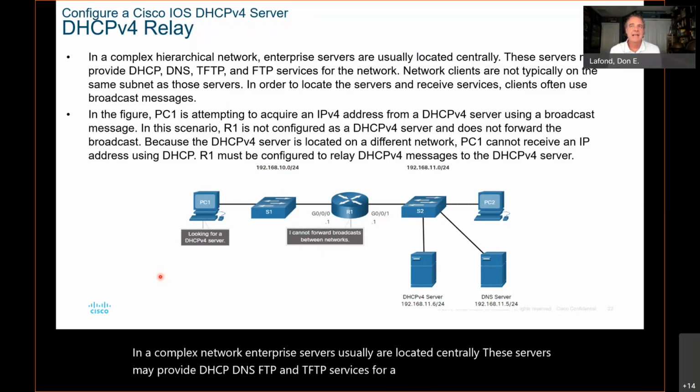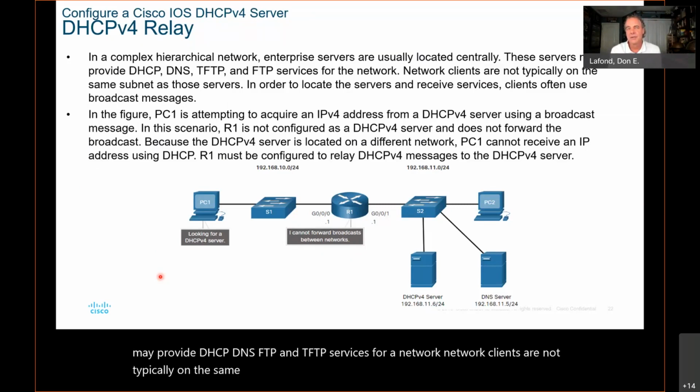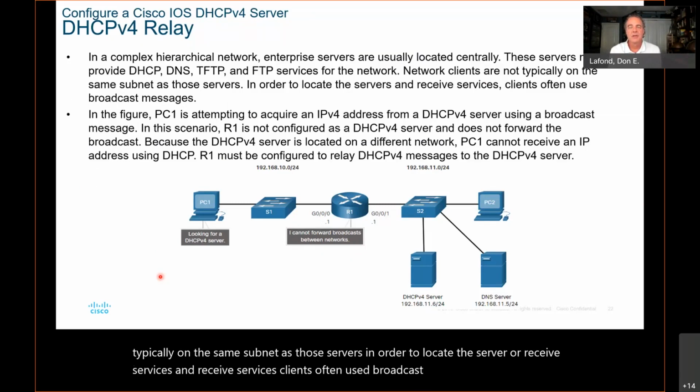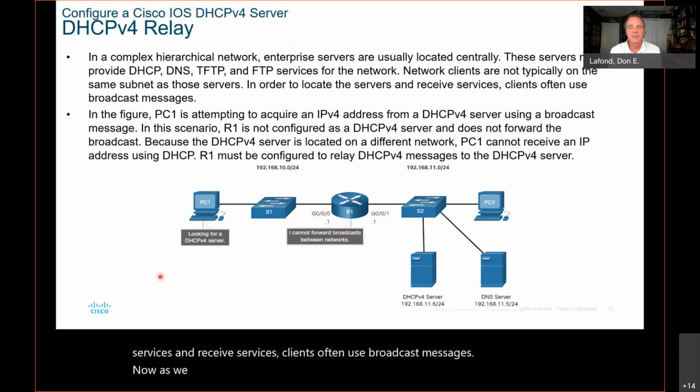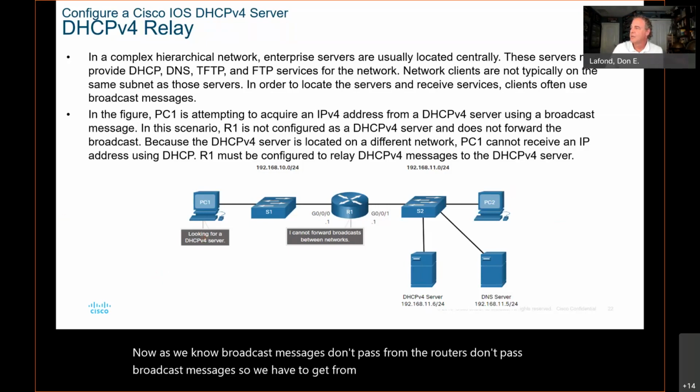Network clients are not typically on the same subnet as those servers. In order to locate the server or receive services, clients often use broadcast messages. Now, as we know, routers don't pass broadcast messages. So we have to get from this PC to a DHCP server on another network, right?